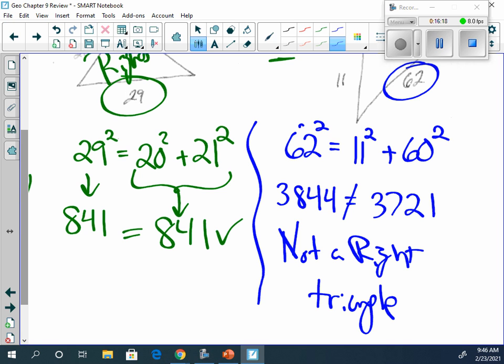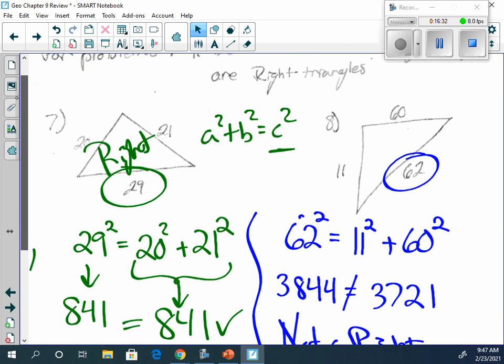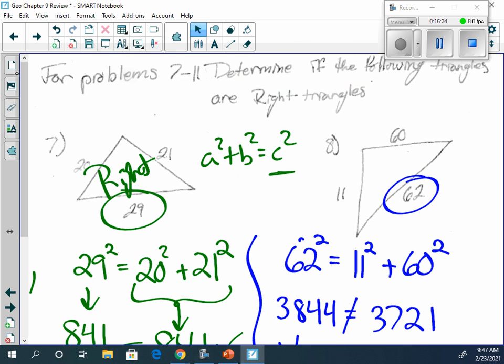Because the only way that this can be a right triangle is if a squared plus b squared equals c squared. And for this problem here, a squared plus b squared did not equal c squared. So it didn't work. So it would not be a right triangle. So if we're wanting to determine if the three side lengths form a right triangle, all we need to use is the Pythagorean theorem, a squared plus b squared equals c squared.